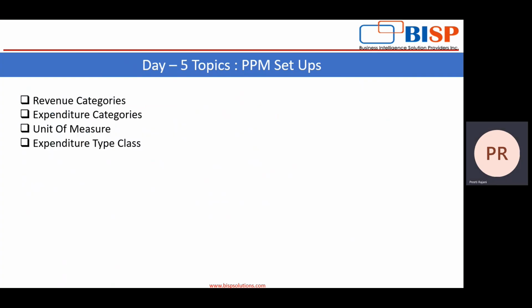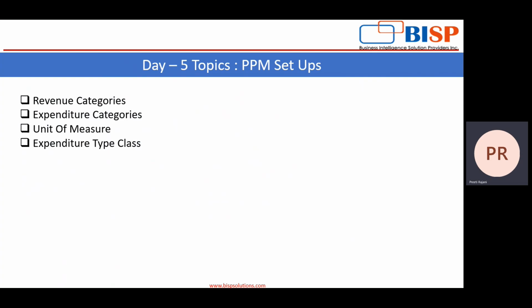Today we will discuss what the revenue categories are and how to create them in the application, what is the use of expenditure categories, what are the bases that you can use for unit of measure, and then you will see what is the use of expenditure type class.